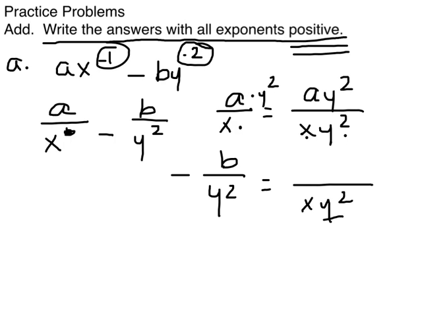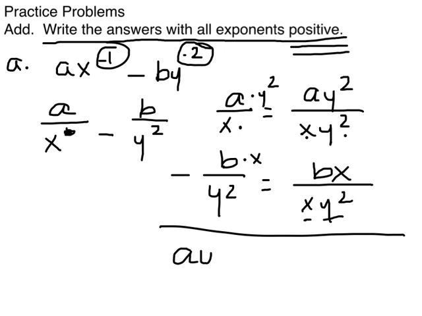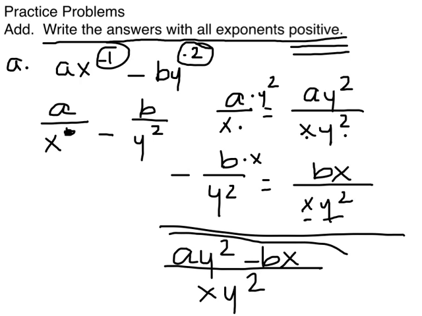Here I've got the y squared, but I don't have the x. So I'm going to multiply times x, and I get bx. So the answer is going to be a y squared minus bx over x y squared. And that would be your final answer.